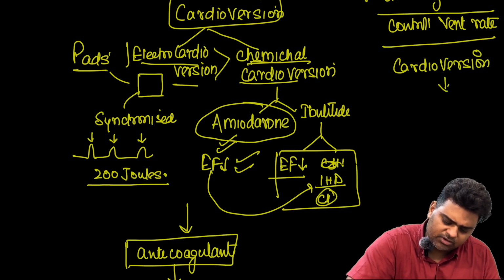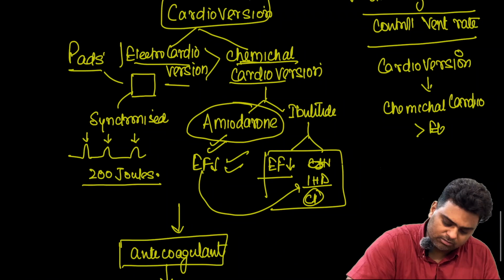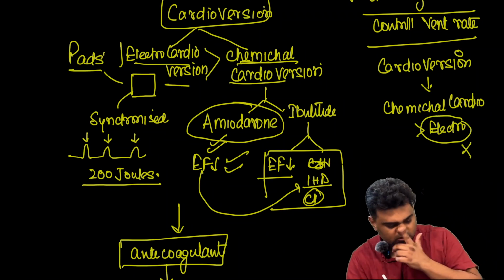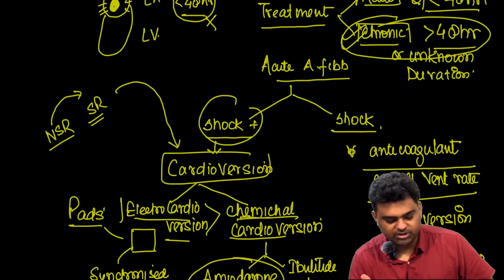But here, please remember, chemical cardioversion can be tried first, then electro. Generally there is no need for electrocardioversion. So this is how to manage acute atrial fibrillation.